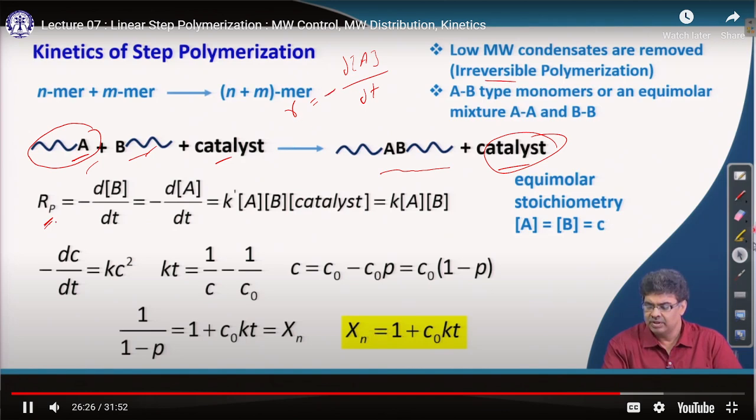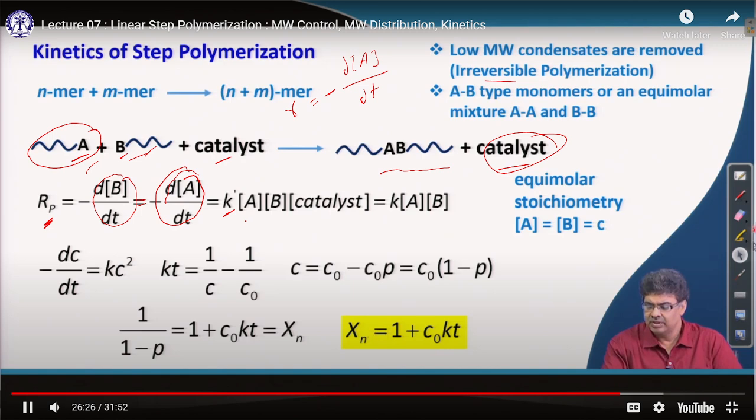So the reaction rate of this polymerization will be equal to minus d[B]/dt, meaning the concentration of reactant B decreases with time, and similarly minus d[A]/dt. You can take any one concentration, either A or B. So it will be equal to what?